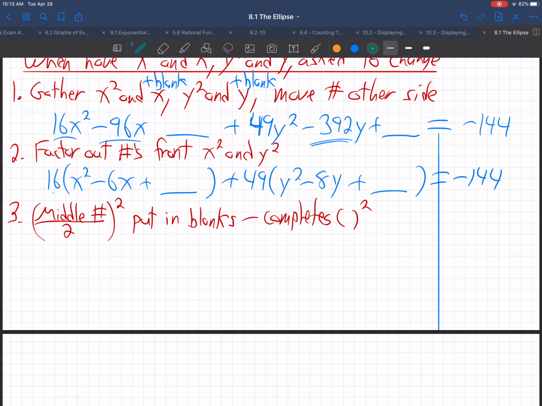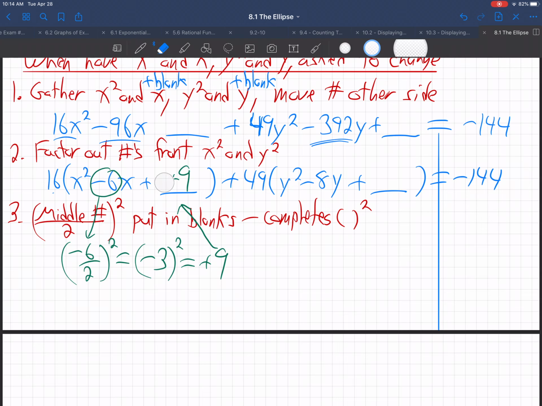So notice I take this middle number right here, and I go middle number over 2 squared. It's minus 3 squared, plus 9. And that's what I'm going to put in that blank. You can just put regular 9. You don't need the plus sign there.